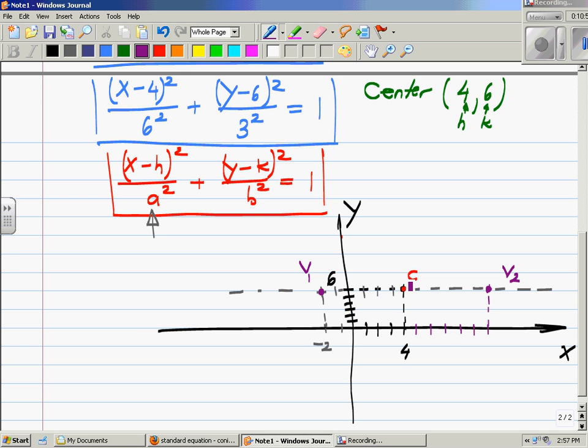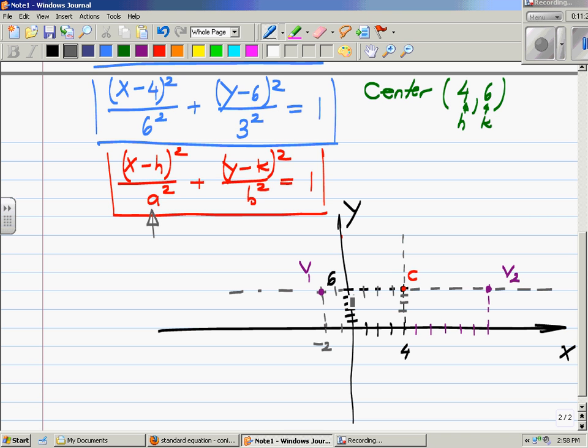Now you can go with your vertical axis here, right? Your other axis, which is the conjugate axis, which is given by your b. You go 3 units up and down from your center. Three units up, 3 units down. 1, 2, 3, right?